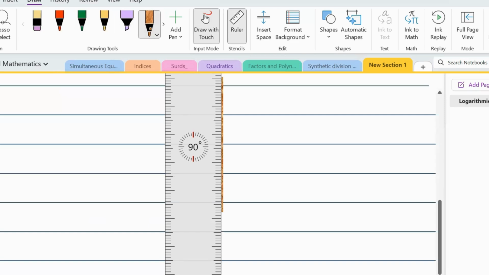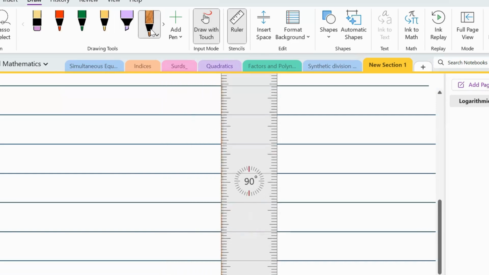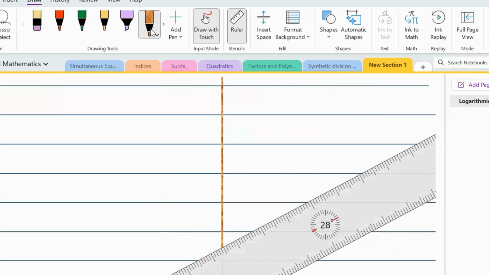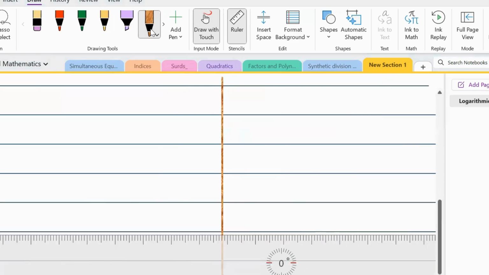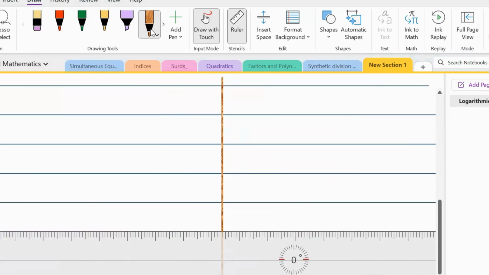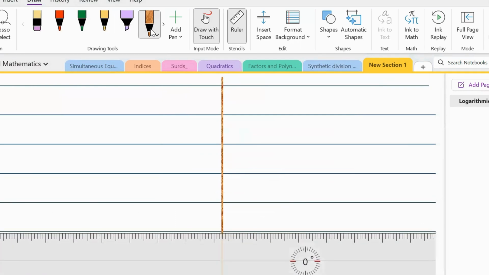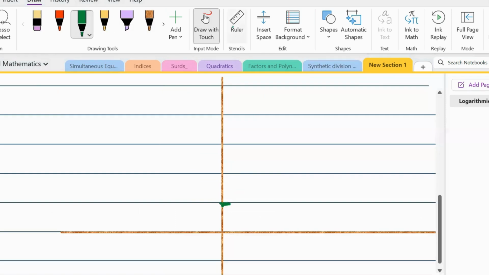First, we draw a line. If this point is 0 here, this is 0, this is 1, 2, 3, 4.